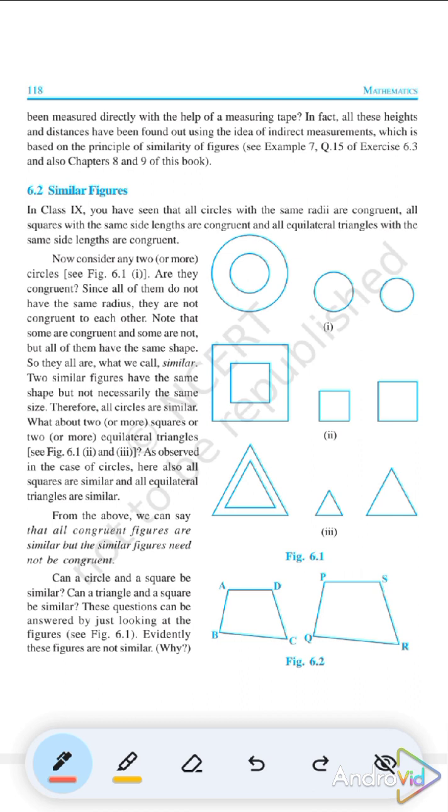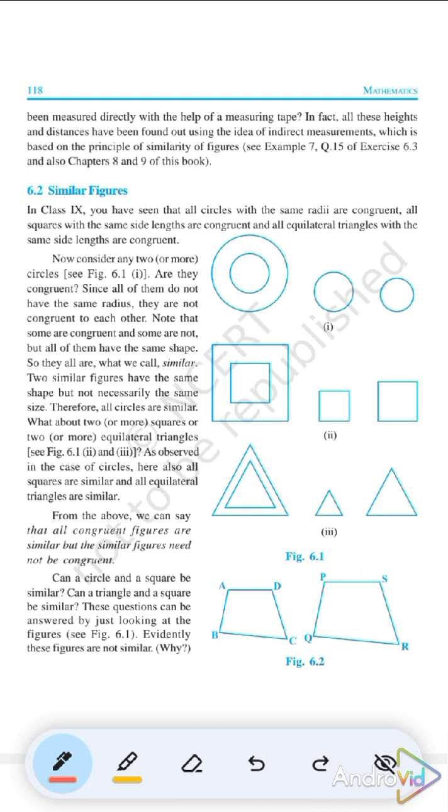lengths are congruent. Whereas if we consider two or more circles, as given in 6.1 first figure, can we say that all these circles are congruent? No, right? Since all of these do not have the same radius, they are not congruent to each other.